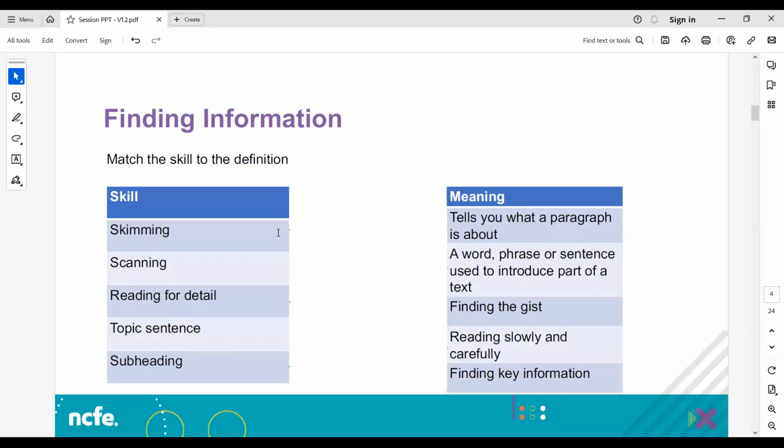So what is skimming? If you read the definitions here, which one describes skimming when you are reading? Finding key information.